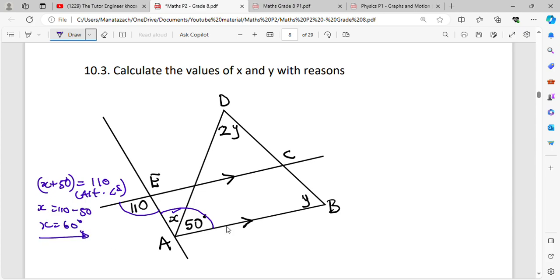And then let's come to y. You can see that y plus 2y plus 50 will give us 180 degrees. So you'll have 3y plus 50 is 180 degrees. The reason is the sum of angles of a triangle. So 3y is equal to 180 minus 50.